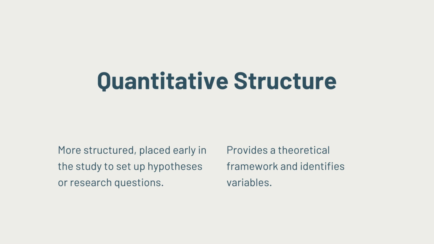Now, if you remember from our previous discussions, we did mention that quantitative papers are typically associated with post positivism, the post positivist worldview. And in that worldview, it is concerned with theory verification.